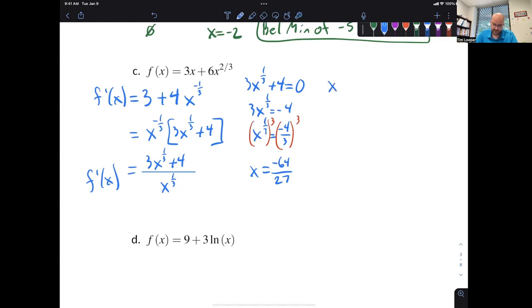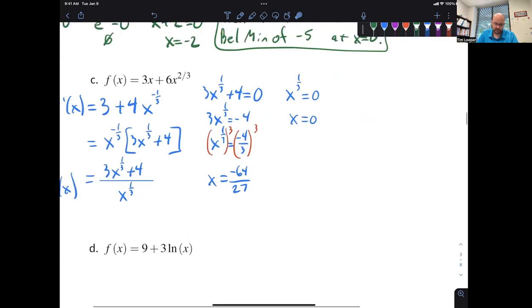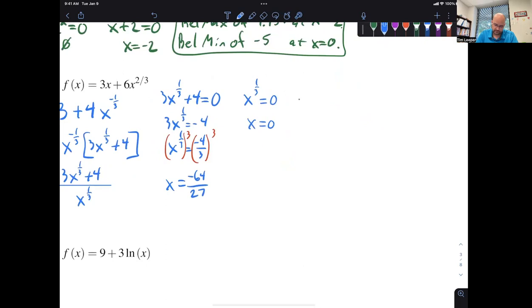Also, set the denominator, x to the 1/3 equals 0. Cube both sides means x equals 0. So that's also a critical number. So we have critical numbers here at negative 64 over 27 and 0. So on the number line, we have the negative 64 over 27, and we have 0.